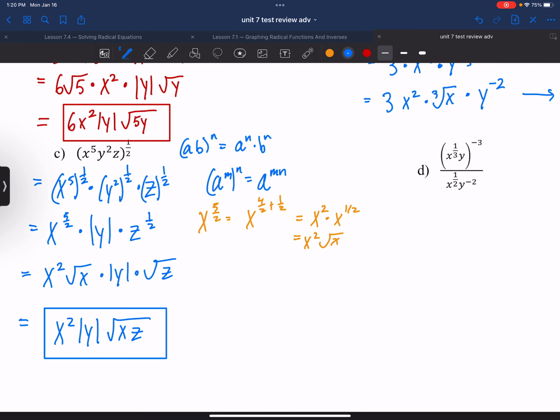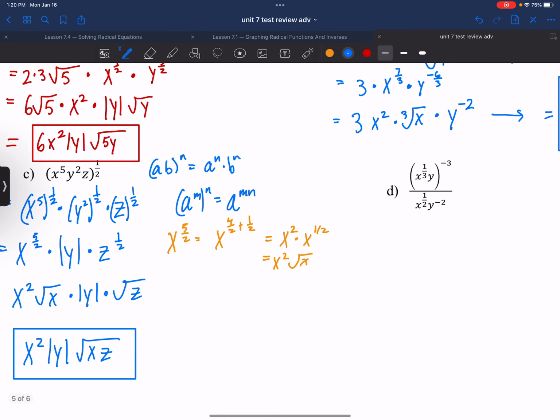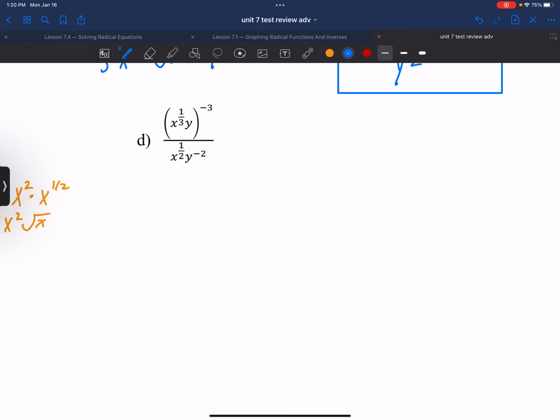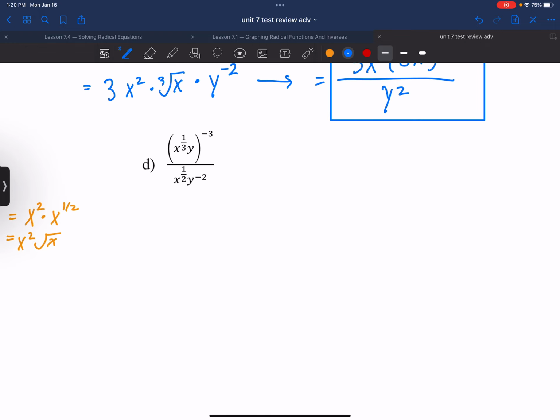Okay, all right. Nice. Last one is D. Oh boy, look at those negative exponents, would you? Okay. So let's first apply the power.